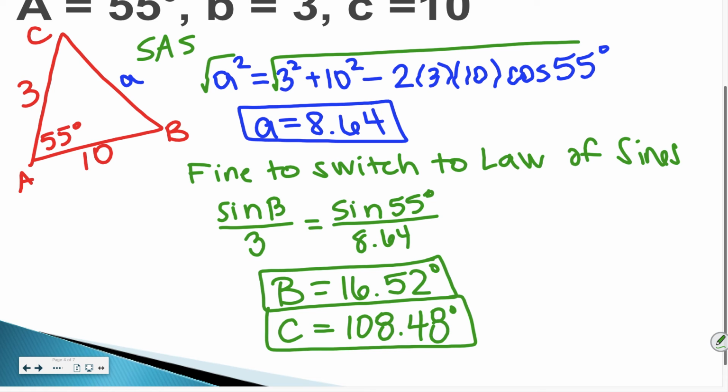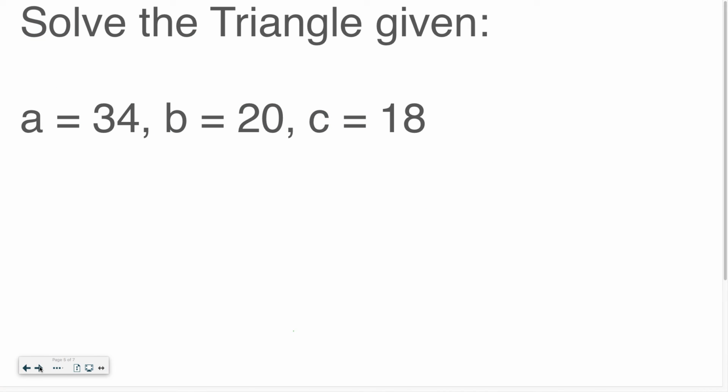Now here, there's only one answer for B and one answer for C. So if we try to find the biggest angle, we don't know if it's going to be the acute or the obtuse angle, which is why I'm telling you to just avoid doing that. Okay? All right, let's look at a side, side, side case.